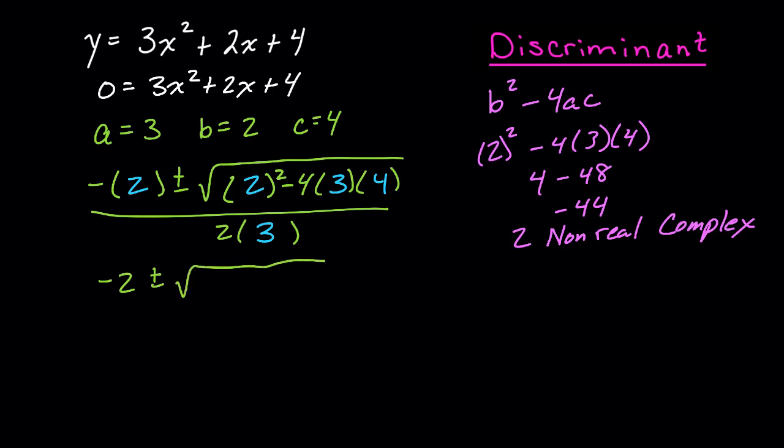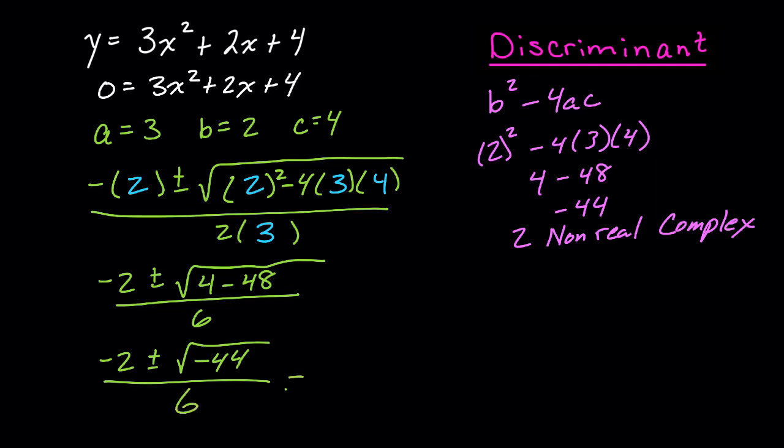Negative 2 plus or minus square root of 4 minus 48 over 6, which is negative 2 plus or minus square root of negative 44 over 6. The negative on this will come out as i because the square root of negative 1 is i. So we can go ahead and do that right away.